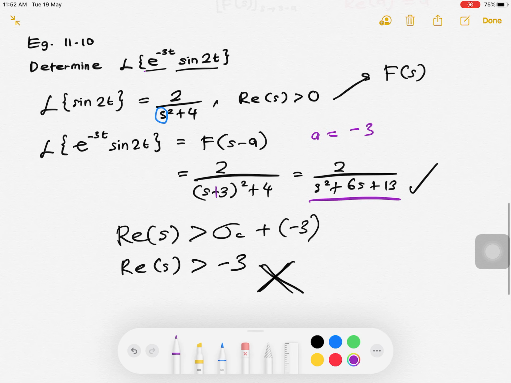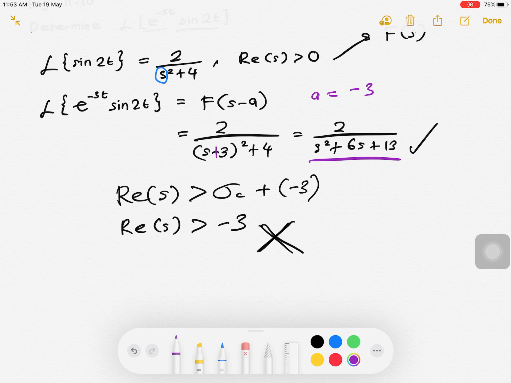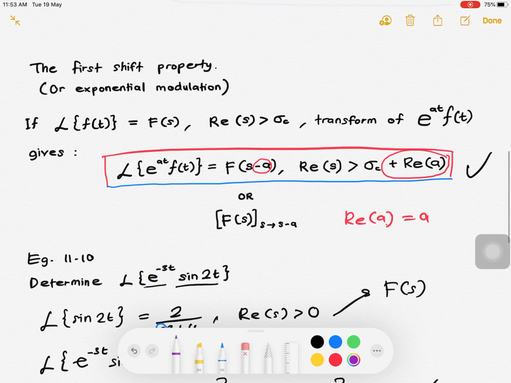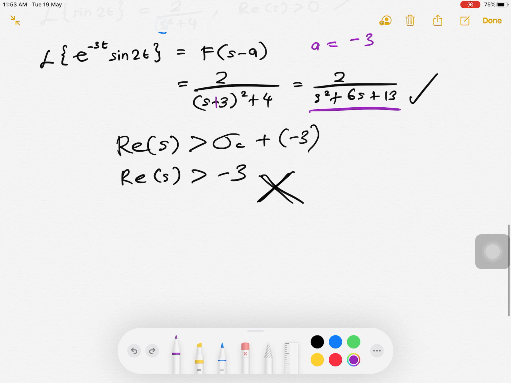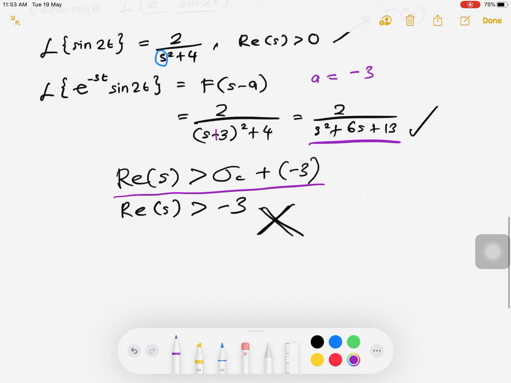But remember, it is compulsory to put the condition of the Laplace transform. So we consider the condition, the abscissa of convergence. This is the formula given right here. We use it and a is negative 3, so actually we minus 3.